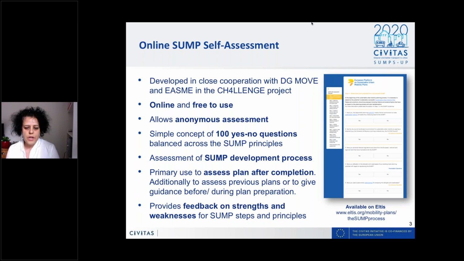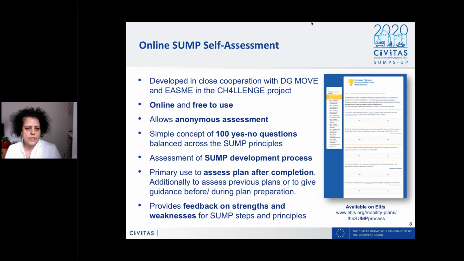So the first tool that I'm going to talk about is the SUMP self-assessment scheme, which has been developed in close cooperation with DigiMove and YASME within the framework of the Challenge project. It's an online tool that you can use free, and it allows anonymous assessment.